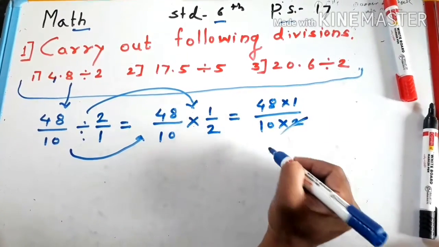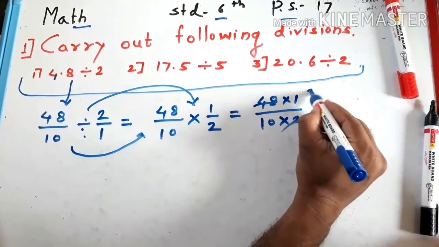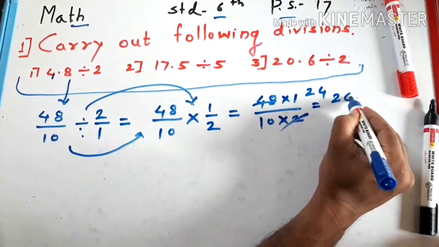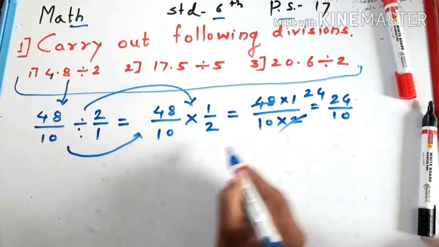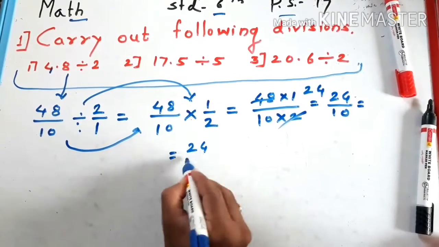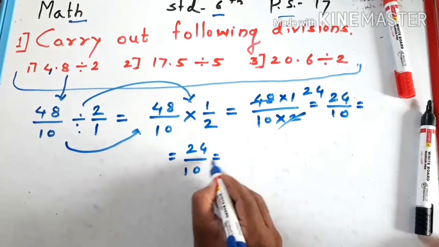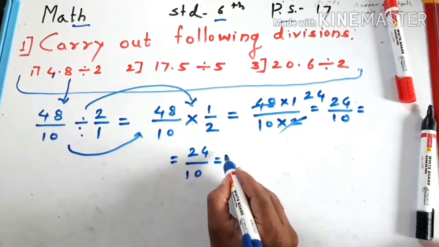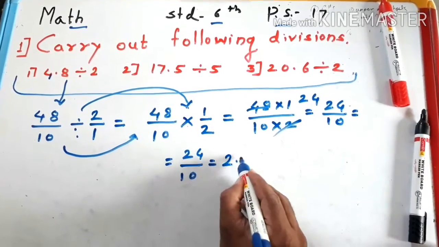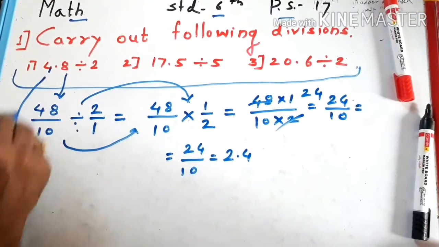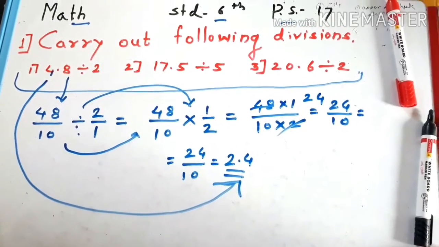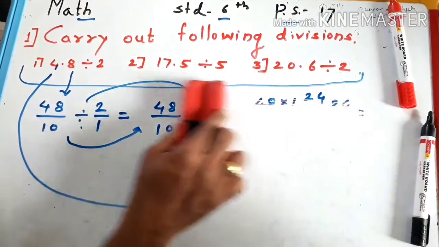So 2 twos are 4, 2 fours are 8, 24. 24 by 10 is equal to, 24 by 10 means the decimal point goes one place from the right side. So 2.4 is the answer of this question. So I think you got it. And now we can solve another problem in the same way.